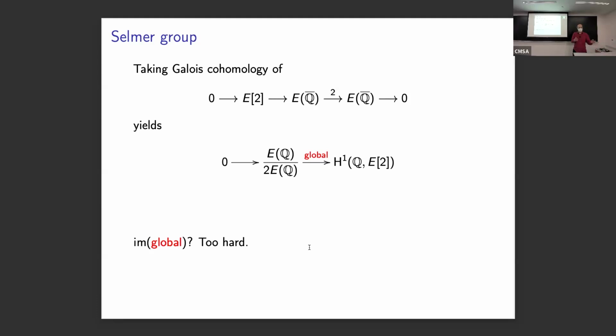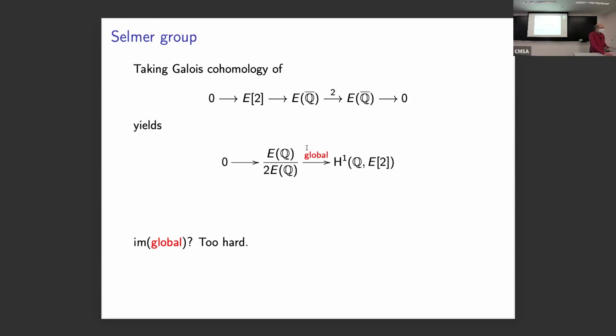That's the only way to get provable upper bounds for the rank. The Selmer groups are computable groups, something you can compute given the equation of the curve, and that will give you some finite upper bound for the rank.